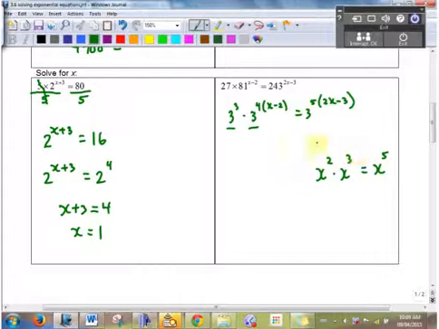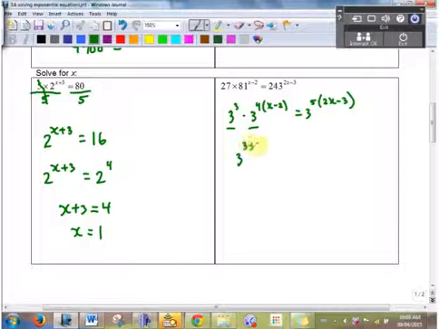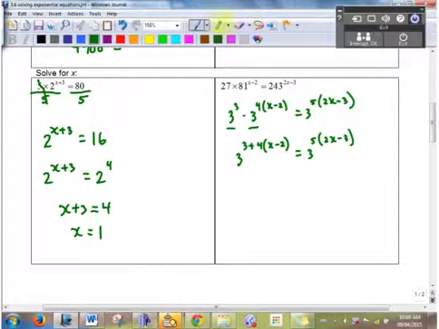Yeah, and that's what I'm going to do. I'm multiplying with the same base. I'm going to add this to that. 3, and I know I can expand that, but let's just do one step here, okay? And then I'm right back with this concept, right?